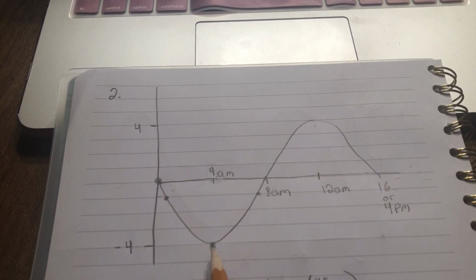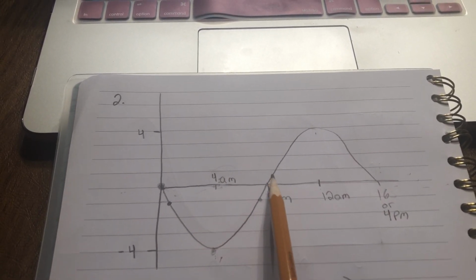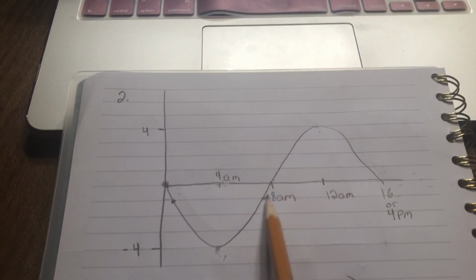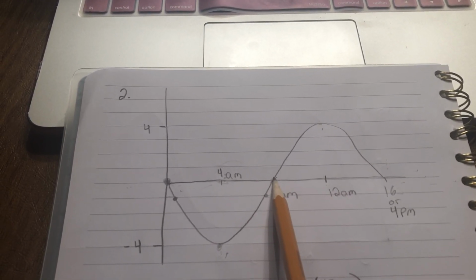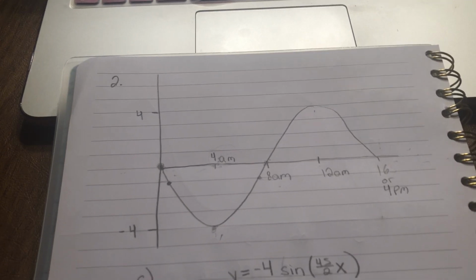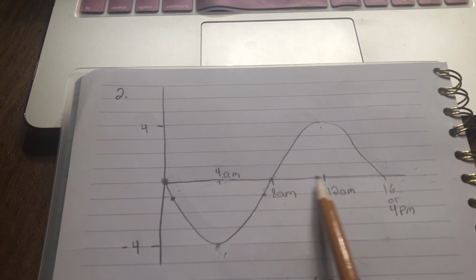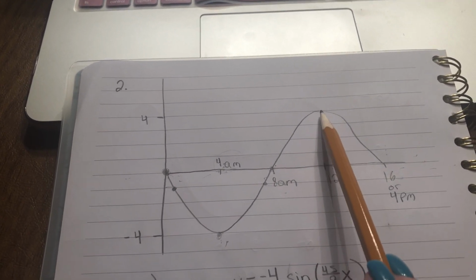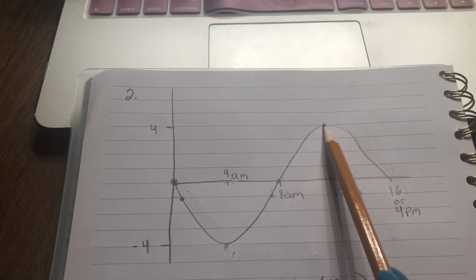At 4 it's the lowest, and another 4 hours later, at 8 a.m., it's at sea level, and then 4 hours after that, at lunchtime, it's the highest, 4 meters above sea level.